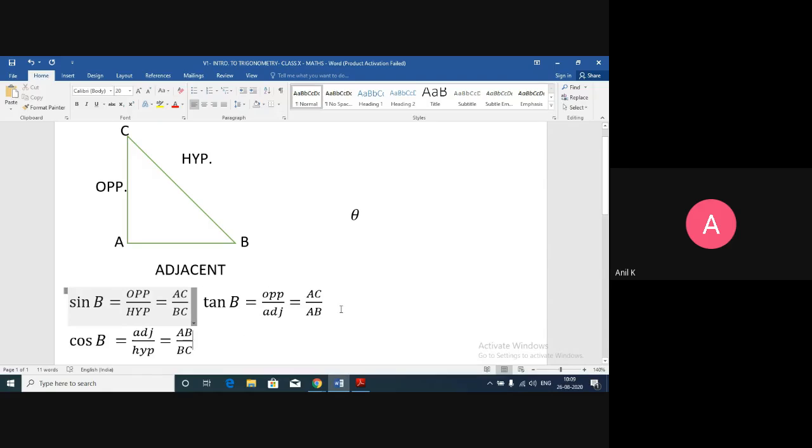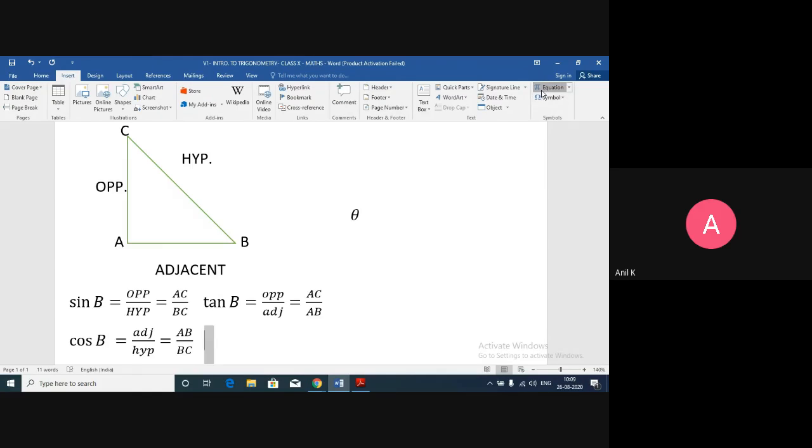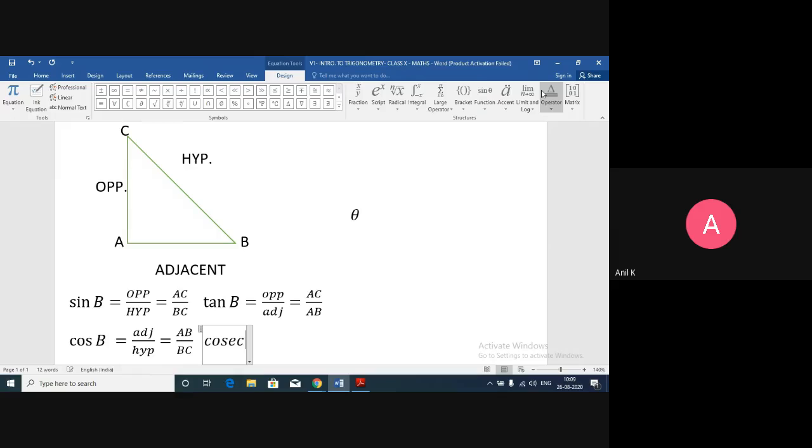Now next will be cosec B, which equals, now onwards the reciprocals will come.